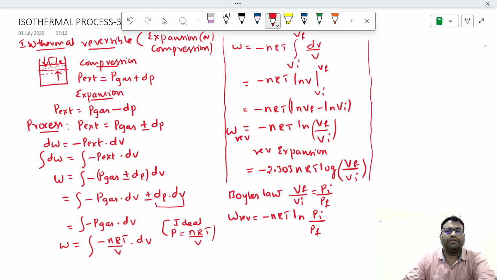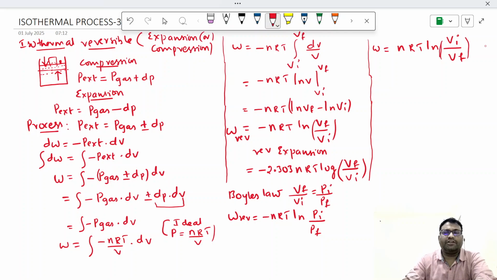Then if you want to write for compression, you know that compression work is positive. During compression, work done is taken as positive. Compression means work done on the system. Then what formula will you write? W is equal to 2.303 nRT log V initial by V final. This is the formula for compression.